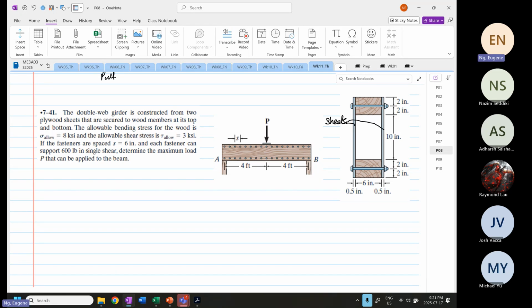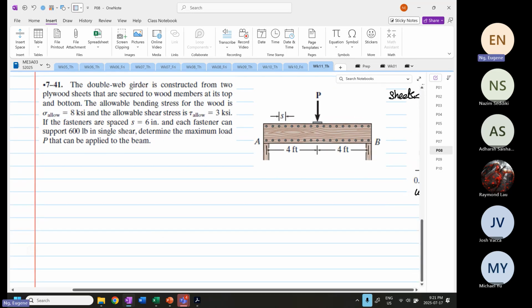And then at the top are the wood members. So this is also the wood member. Now it gives a lot of factors over here.